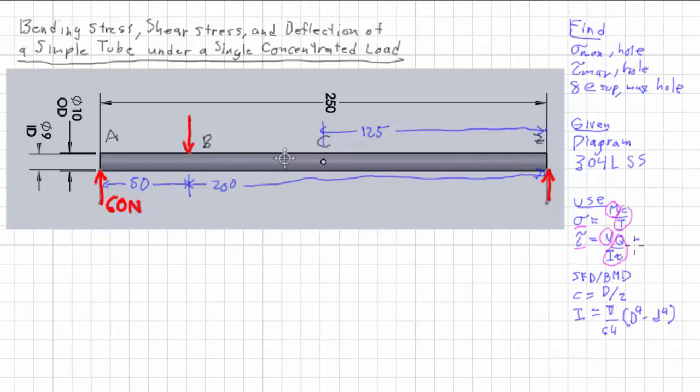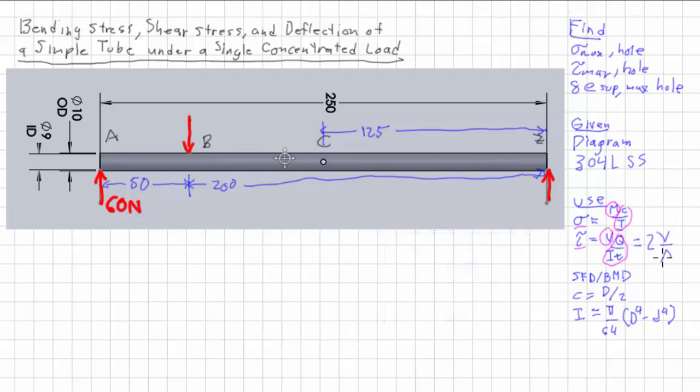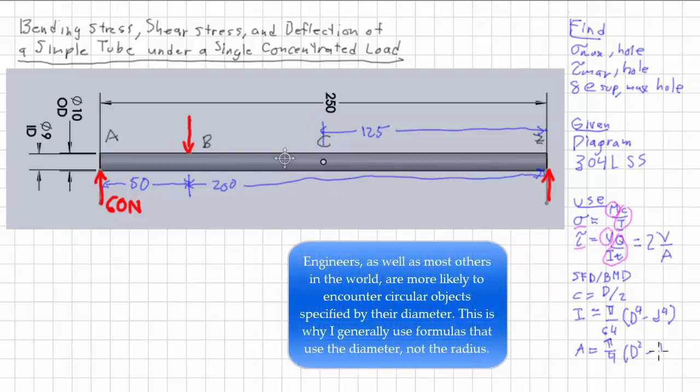Now, when it comes to the shear stress, I promised you something a little different. For a thin-walled tube, we can estimate that the shear stress is 2 times V, which is the shearing force, over A, the area of the cross-section. So all we need there is the area of the cross-section, which is pi over 4 times big D squared minus little d squared.